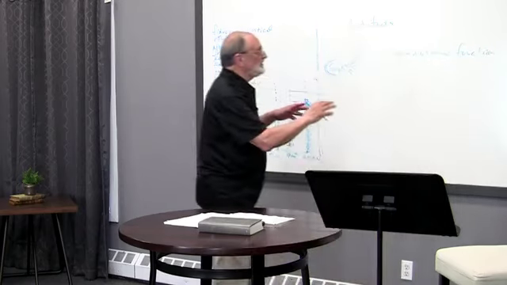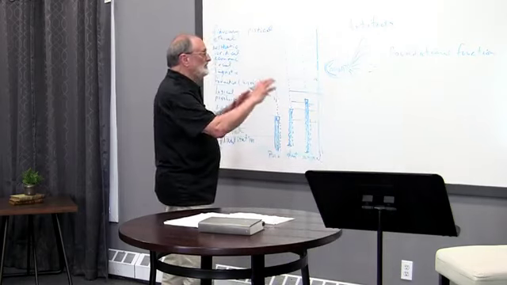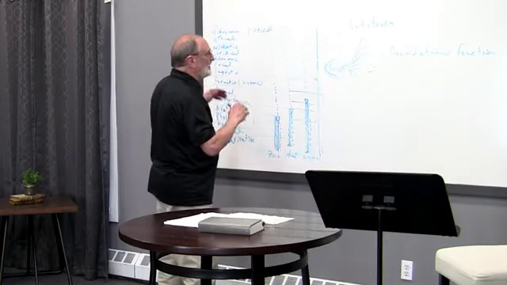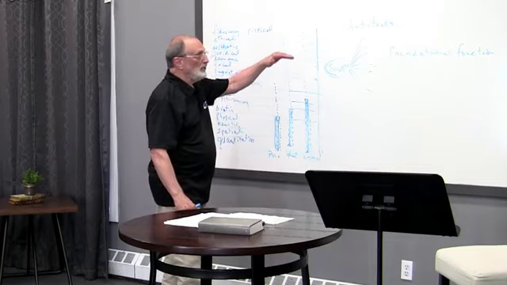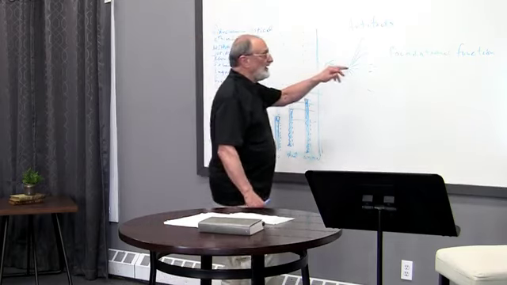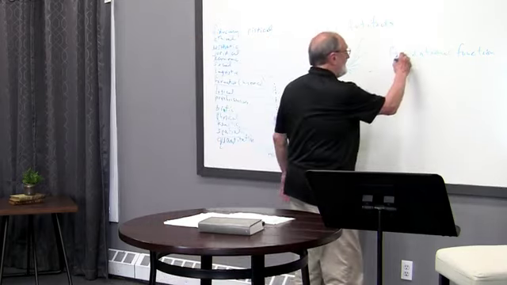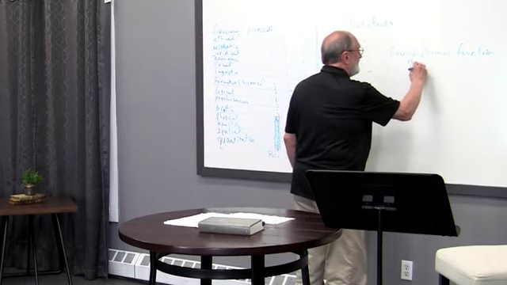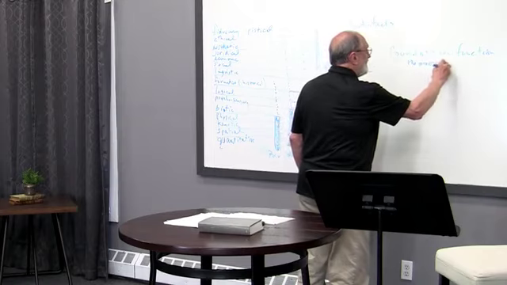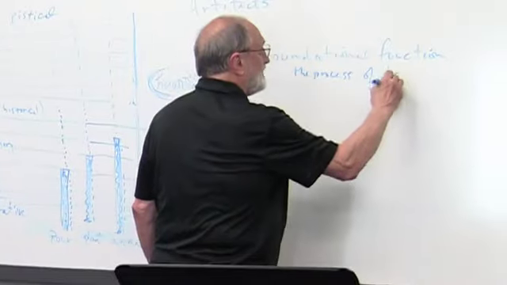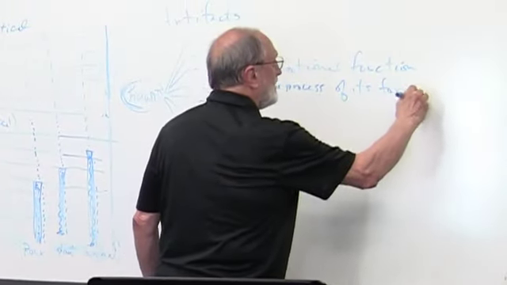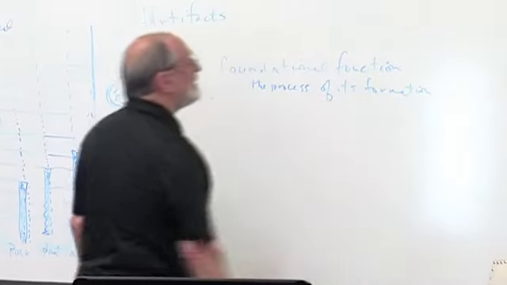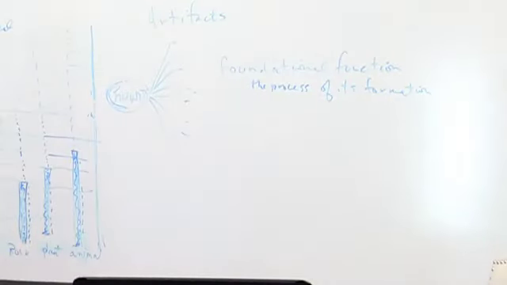It's going to function under the laws of a particular aspect which are foundational to it, in the sense that these are the ones that qualify the process of its formation.